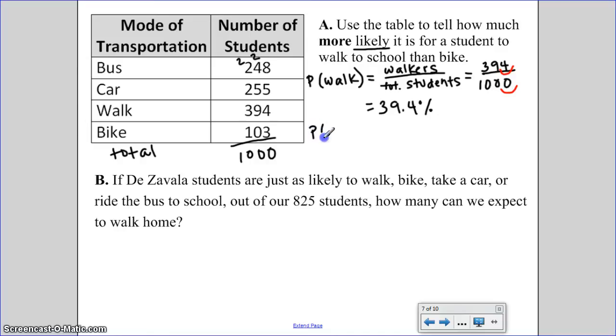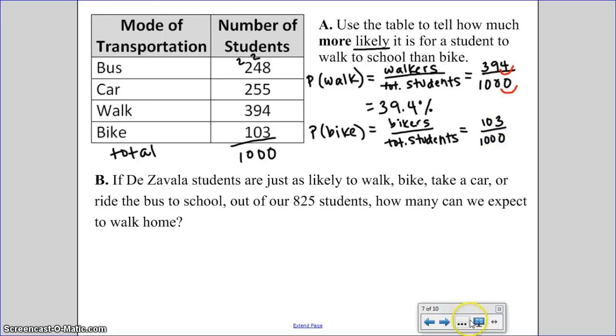I'm also going to find the percent of students that bike, and I find that by saying my bikers over my total students, and that is 103 over 1,000.